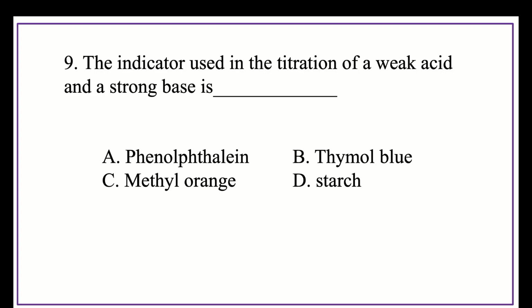So naturally, if we see the options phenolphthalein, thymol blue, methyl orange, and starch, we know that phenolphthalein, which has a range of 8.2 to 10, can give a change in the acidic medium also, and the endpoint in a strong basic solution can also be seen by adding phenolphthalein in this type of titration where a weak acid has been titrated with a strong base solution.